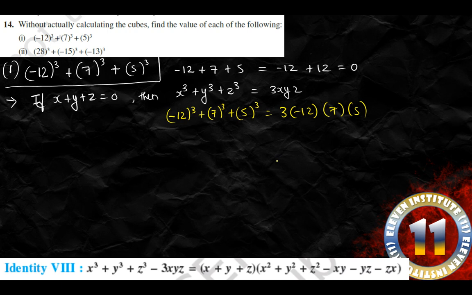Right, I hope this is very much clear to you. Just we have inputted the values of x, y and z. Now multiply all these three. So minus will be over here, that is confirmed. 3 into 12 is 36 and 7 into 5 is 35. So we have 35 into 36.